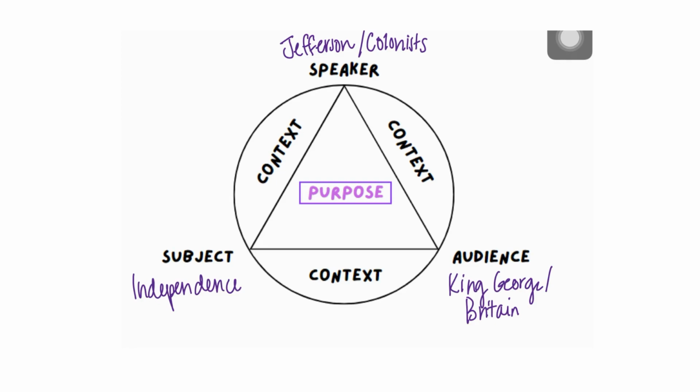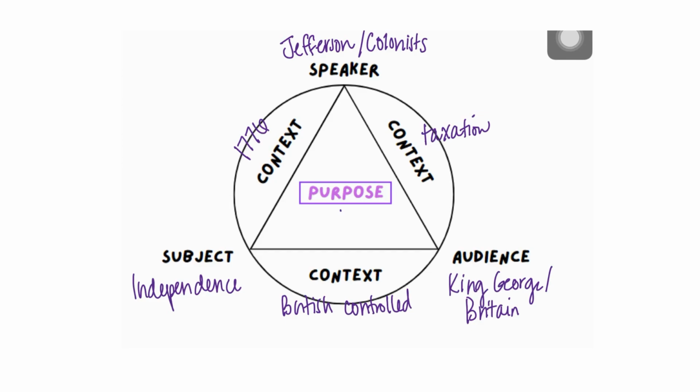Now, to think about context. First of all, it happened in 1776. We know that the colonists were frustrated over taxation, and they were essentially British controlled. That is the context that I have years and years after attending school. But from all these things, I need to determine the purpose.